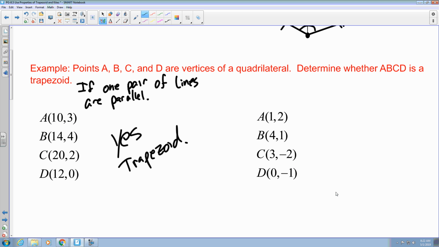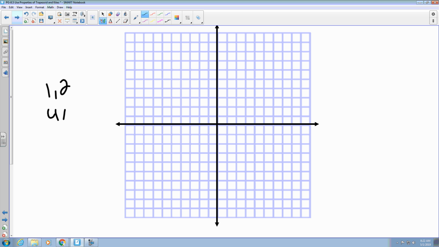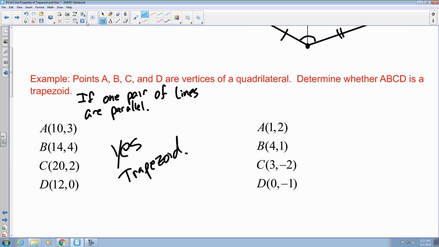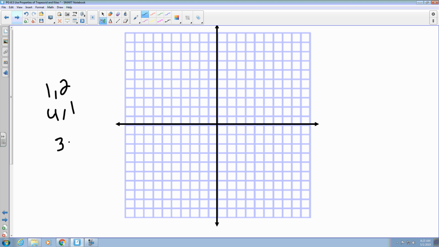So now I have 1, 2, 4, 1, and finally 3, -2, and 0, -1. All of these will just be 1 unit. So 1, 2 is A, 4, 1 is B, 3, -2 is C, and 0, -1 is D.